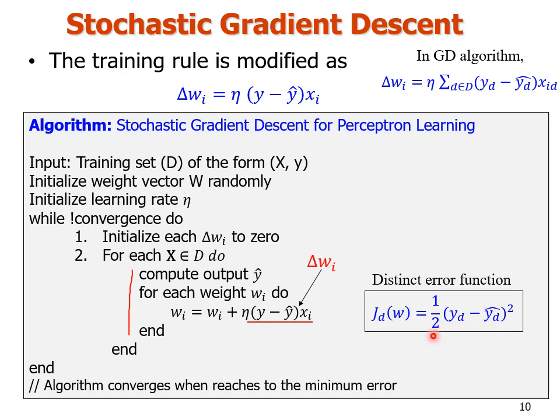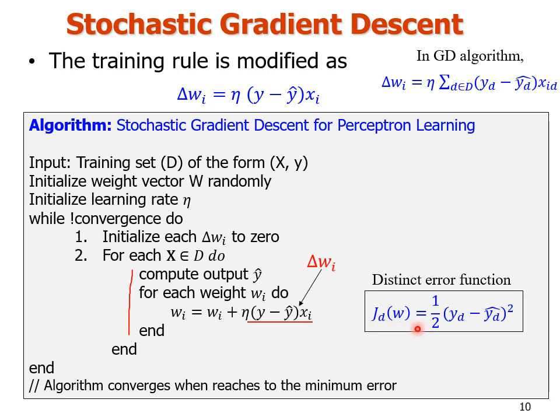So instead of having the sum of squared error for the entire data set, we are considering the error for an individual training example, and this particular cost function we are trying to minimize.